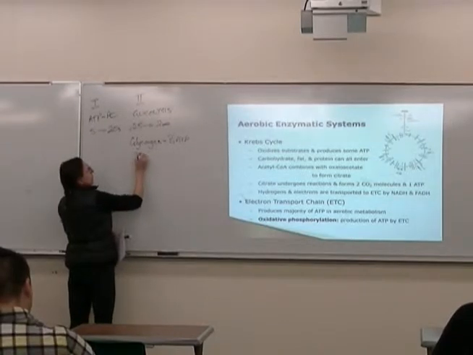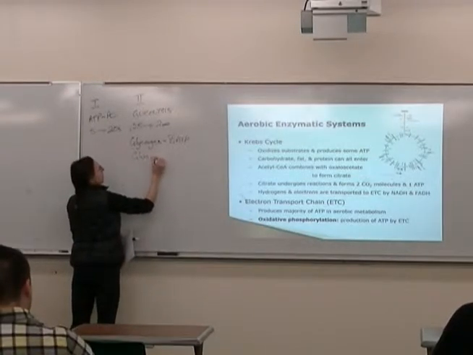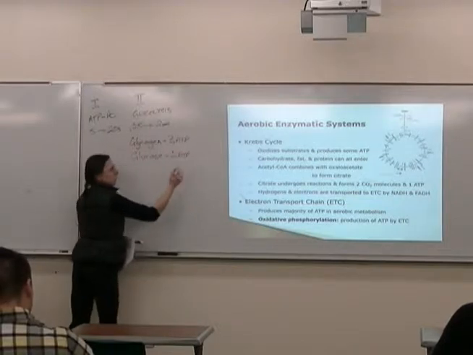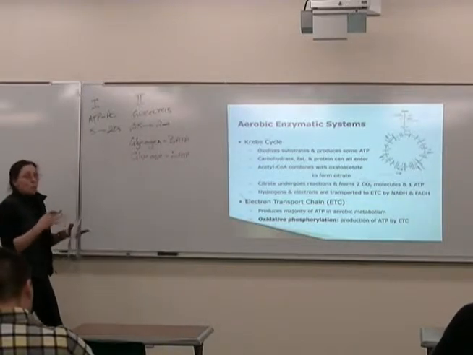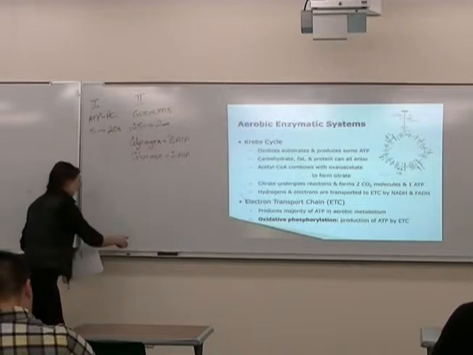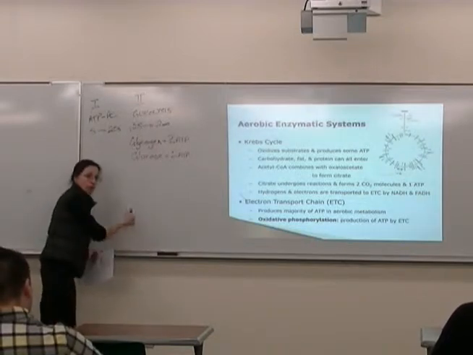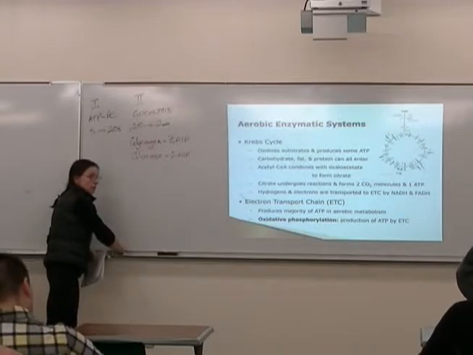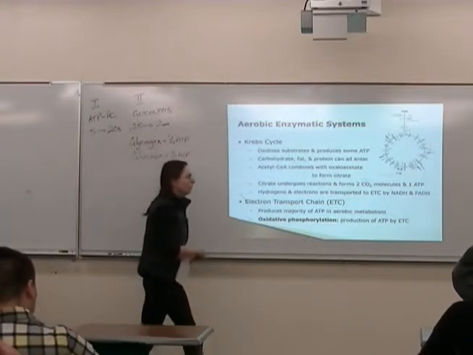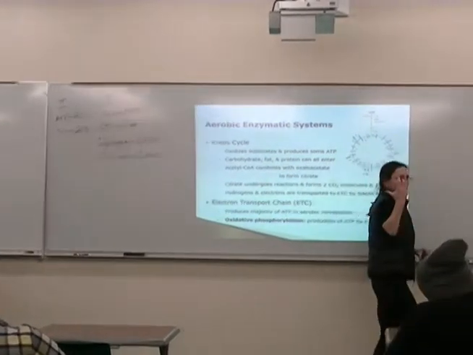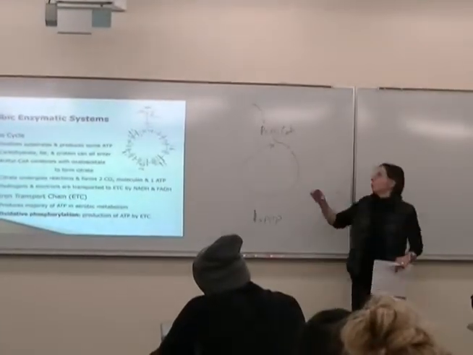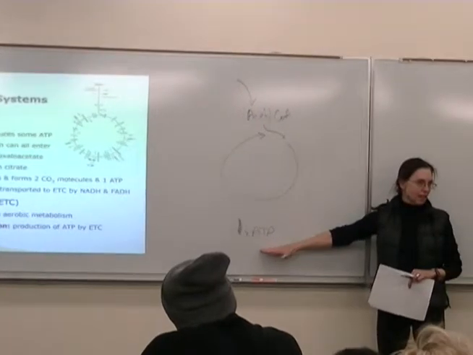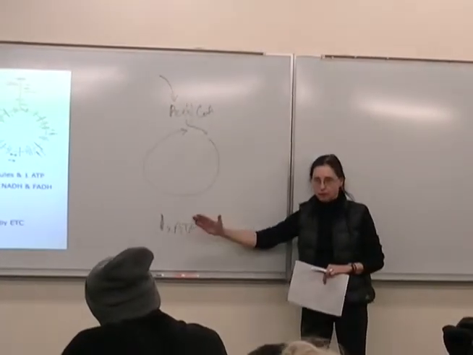And if it's glucose, how many ATP do I get? 2. So, per molecule, so far we're not creating an awful lot of energy. Does that make sense? So, given a molecule of acetyl-CoA, we're still not making very much energy because now we only get 1 ATP.